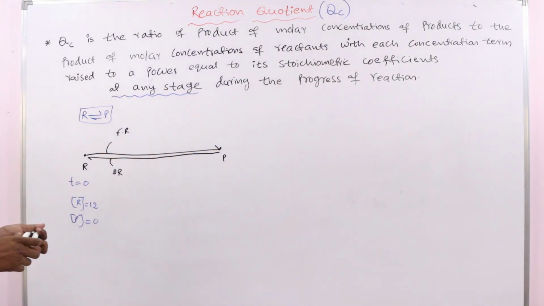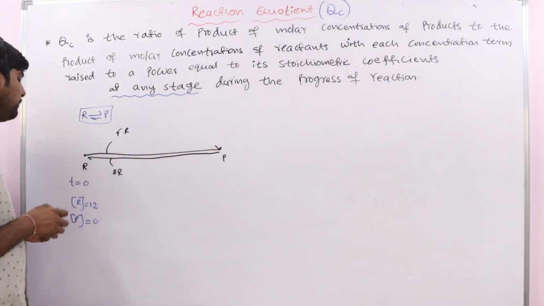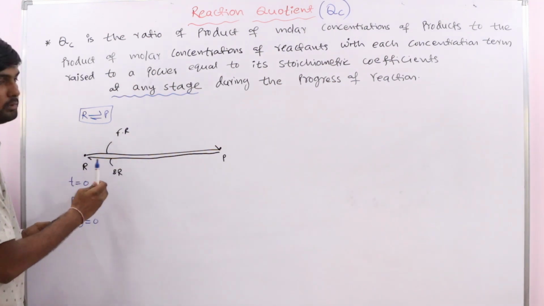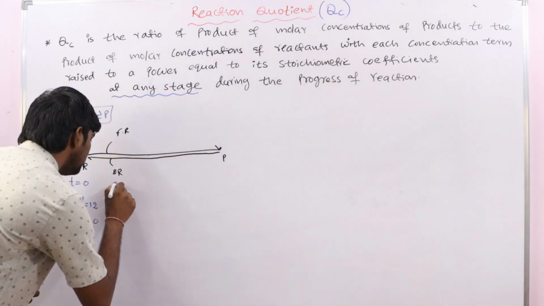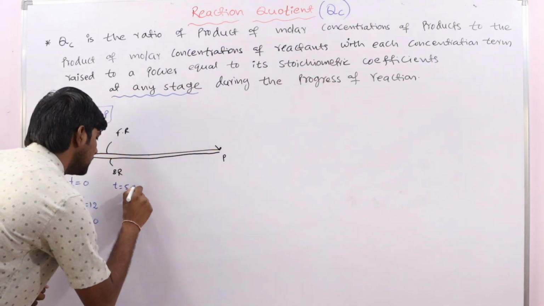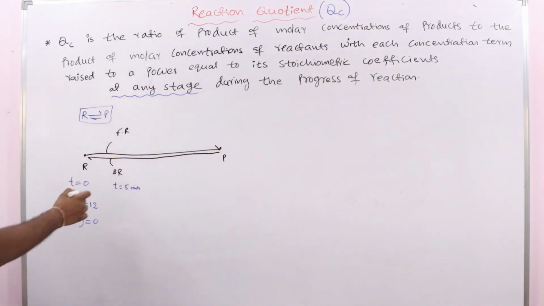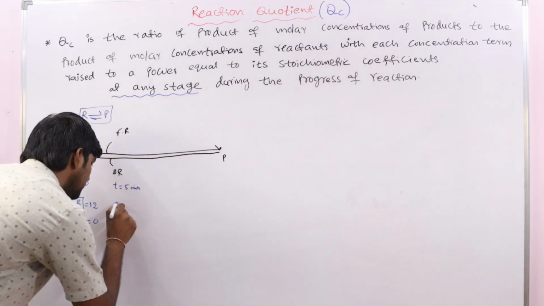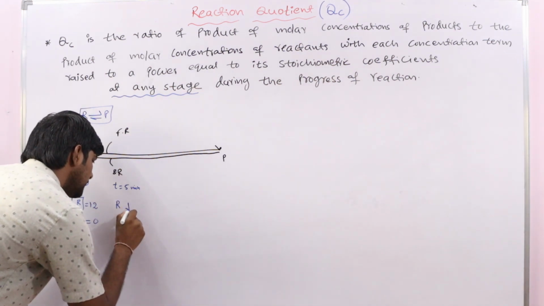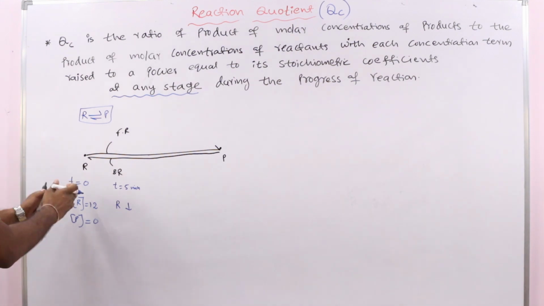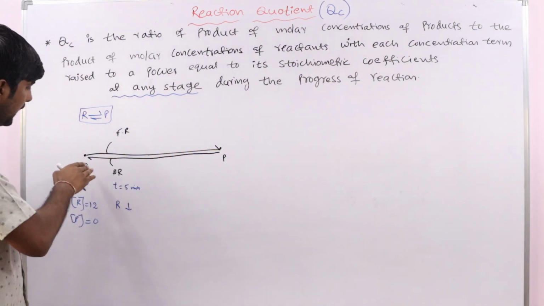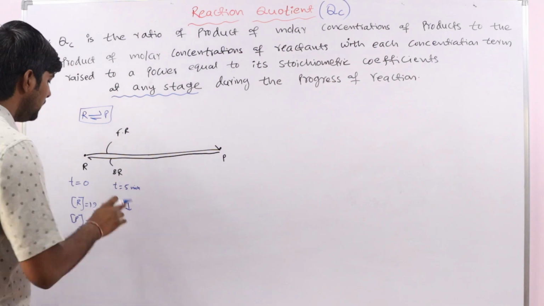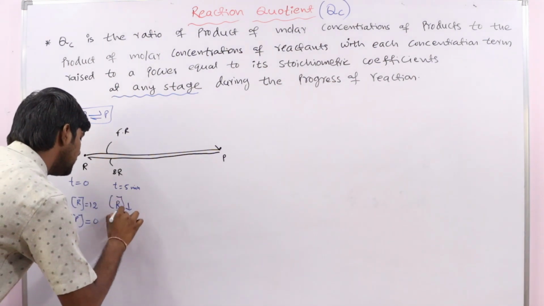Now see what happens after some time, suppose t equal to 5 minutes, let us assume for convenience. In this case, the reactant concentration decreases, because as time goes on, reactants are converted to products.